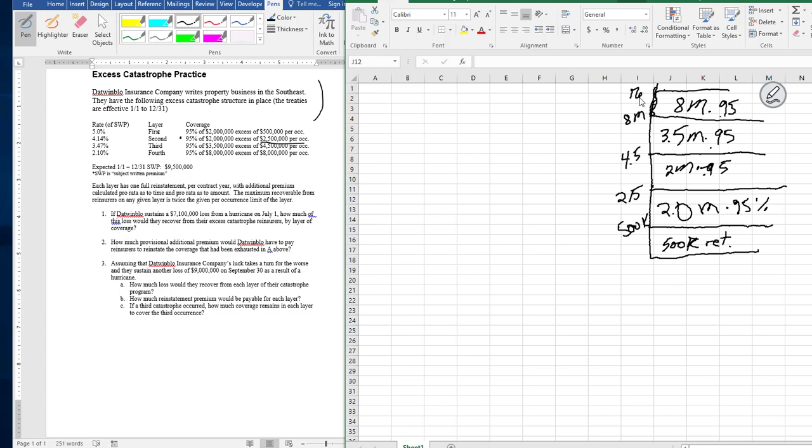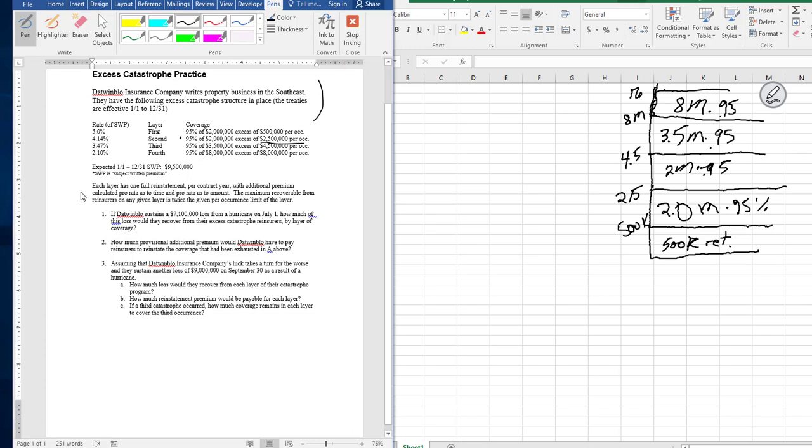So I just like to always have that illustrated every time I have any kind of excess contract or program that has excess insurance, because it allows me to see where my losses will hit when they are run up through the program.